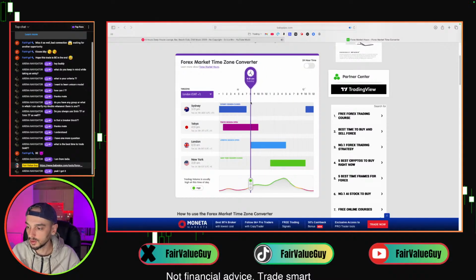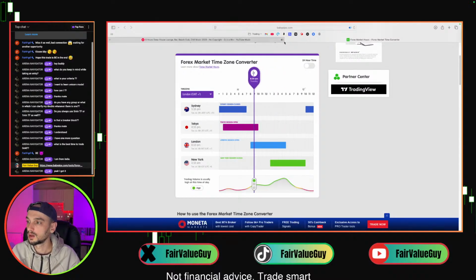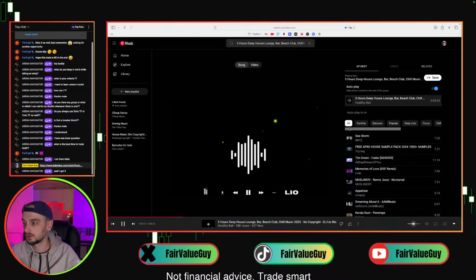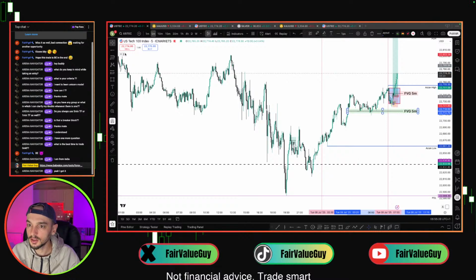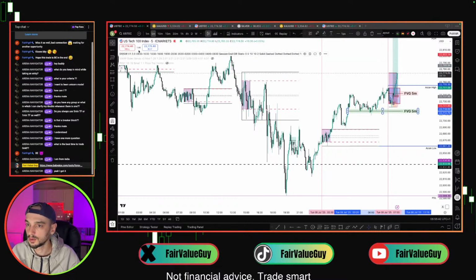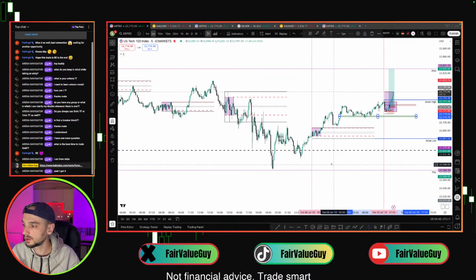So you see when the market opens in London, there is a spike in the volume, then it goes down. When New York opens, there is a spike in the volume, and then it goes down. So the best hours for trading any asset, let me open the DR window so you can see it better, is just before the open of any market.